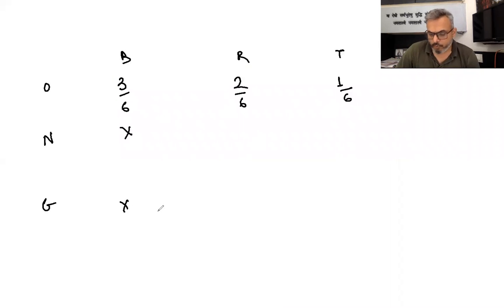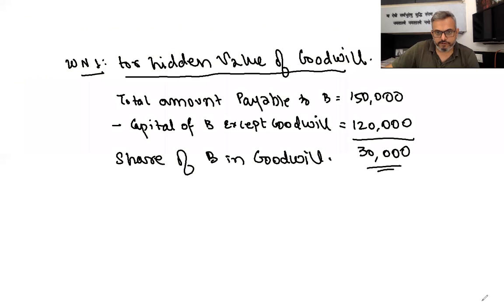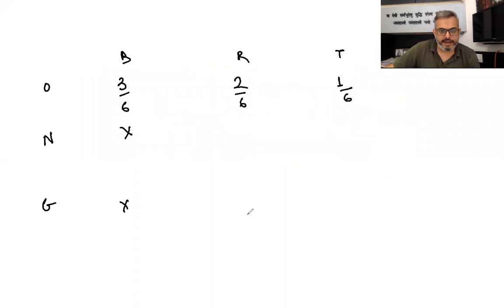Now, what is given? R and T will distribute future profit and loss in the ratio of 3 is to 2. So new ratio is already given to us. So not to worry, directly we write new ratio is 3 is to 2. So 3 by 5 and 2 by 5.